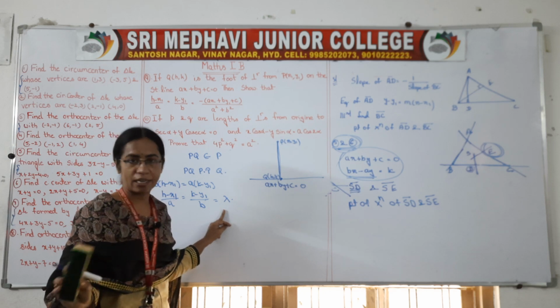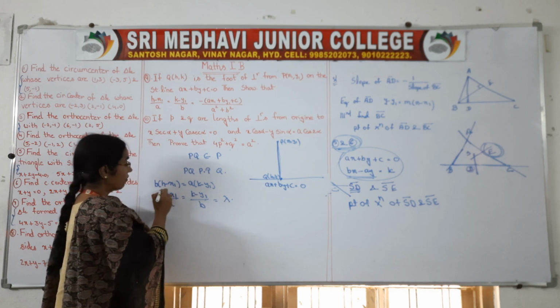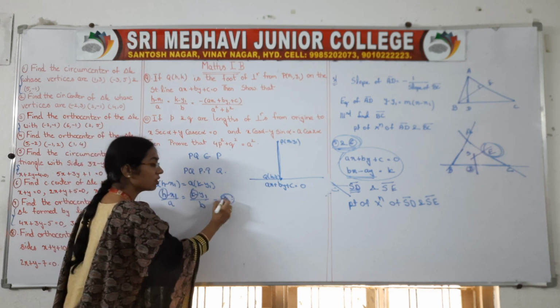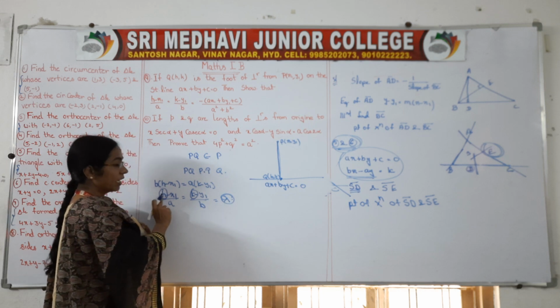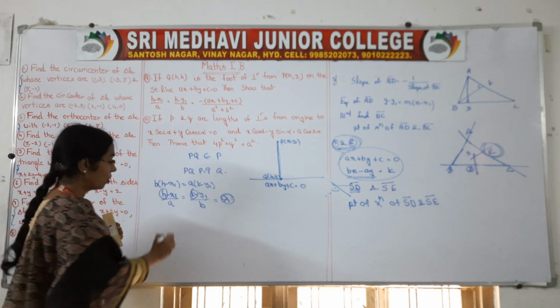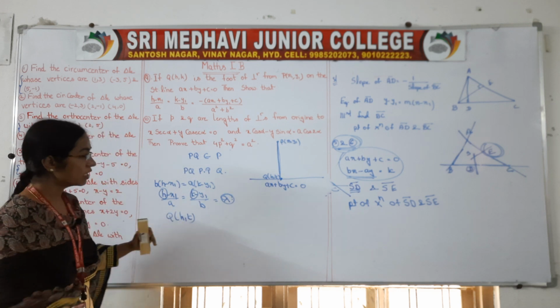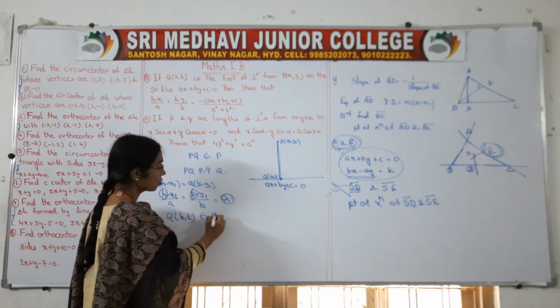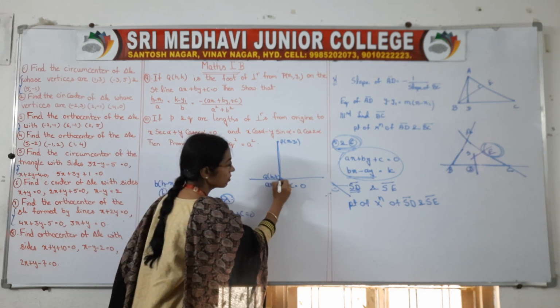It makes no difference. With this we will get our h value and k value in terms of lambda. So you will get your Q(h, k), and Q(h, k) also belongs to the line Ax + By + C = 0.